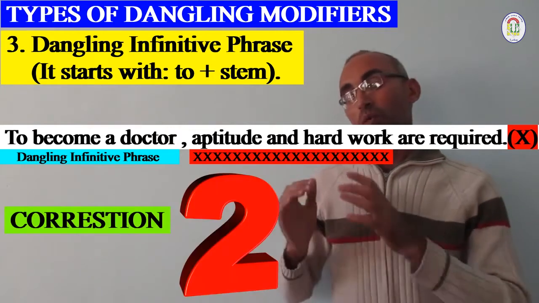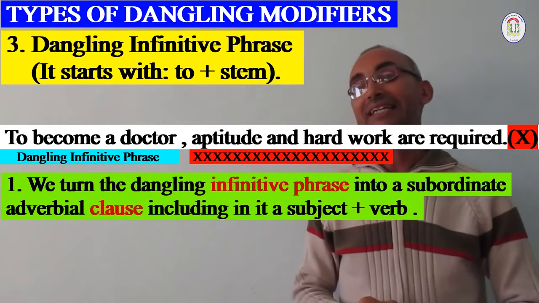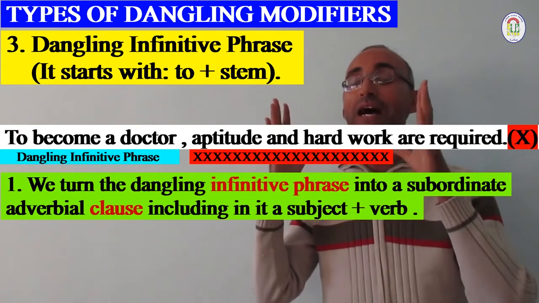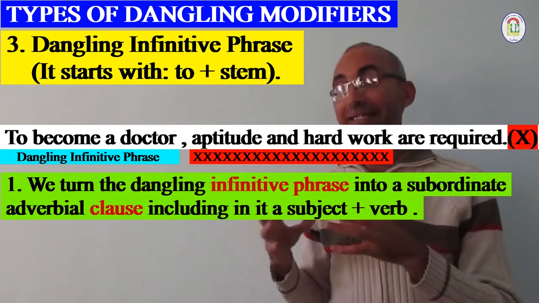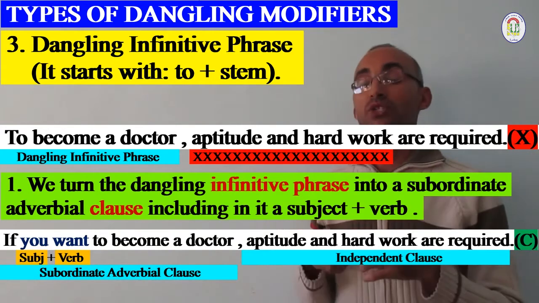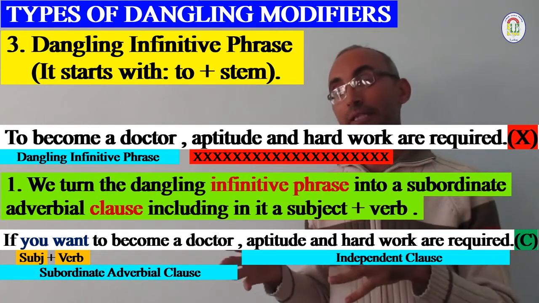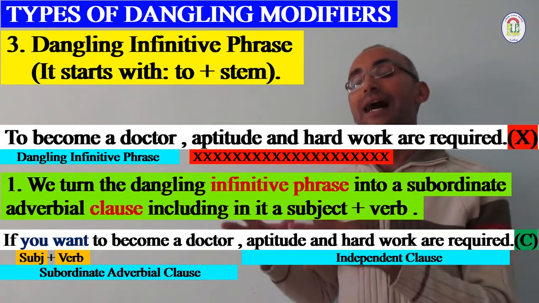Good. We also correct this mistake by turning the first part, the dangling infinitive phrase, into an adverbial clause, and I write, of course, including my subject clearly and my verb in it. If you want to become a doctor, clear, comma, right, aptitude and hard work are required.